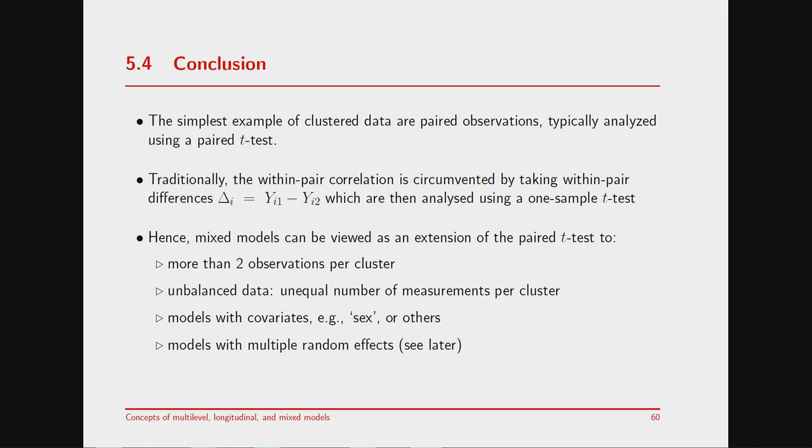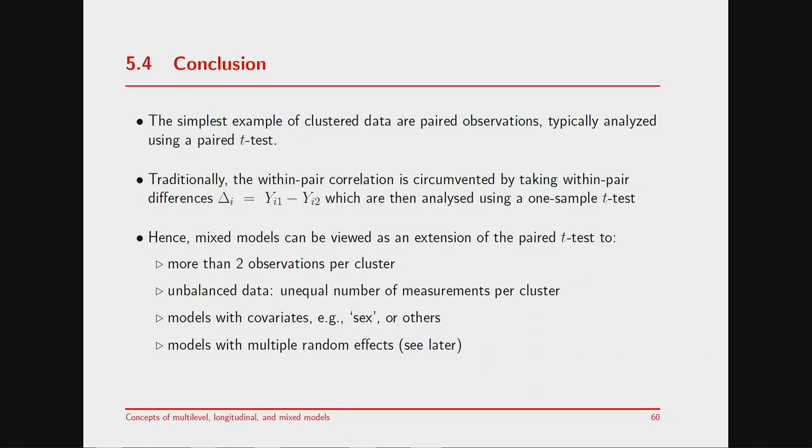But if you have two animals with the same father but a different mother, they would share the father effect, and that would create some correlation. If they would not only share the father, but also the mother, they would share the father effect and the mother effect. So they would have more in common, and that would lead to a higher correlation. And that's what you would intuitively expect.